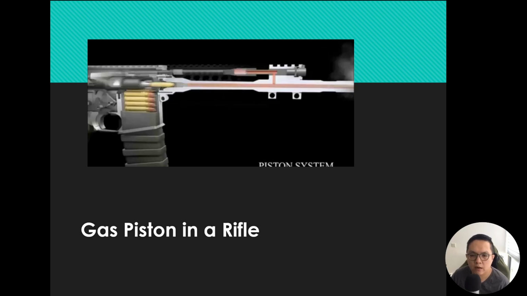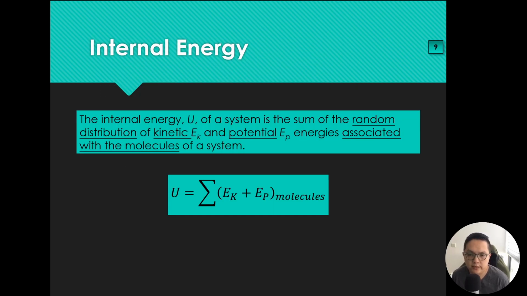Alright. Let's talk about internal energy first, very quickly. Usually we use the symbol U. Internal energy of a system is the sum of the random distribution of kinetic energy and potential energies associated with the molecules of a system, EK and EP. We need to be very clear that this is not your typical kinetic energy when the whole container moves.